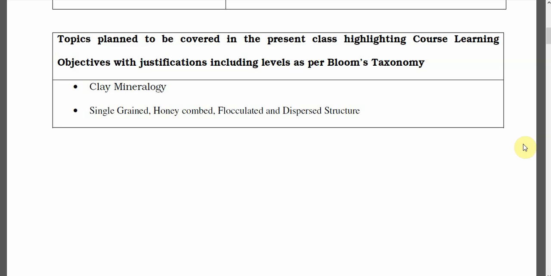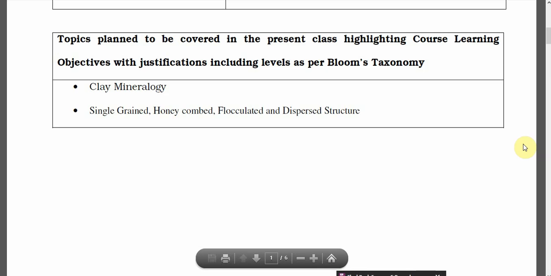In this lesson, we will be dealing with clay mineralogy, and we'll study different types of soil structures like single grained structure, honeycomb structure, flocculated structure, and dispersed structure. Before we start, I will just solve a couple of problems that were left in the previous class, and then we'll move to these topics.